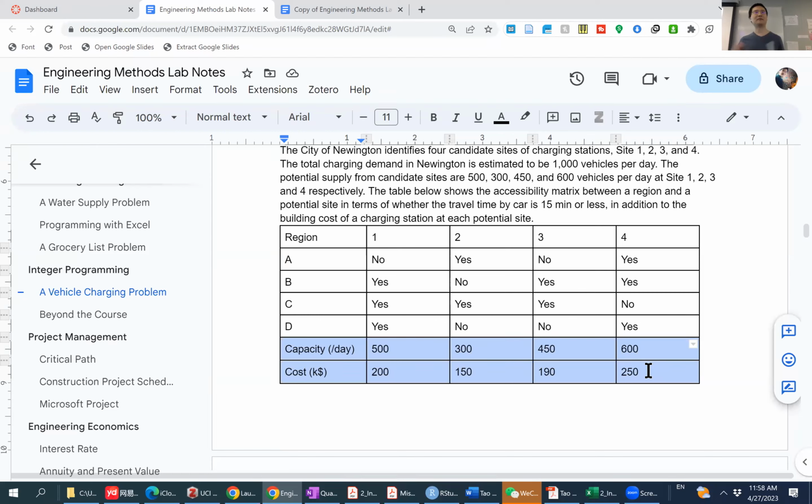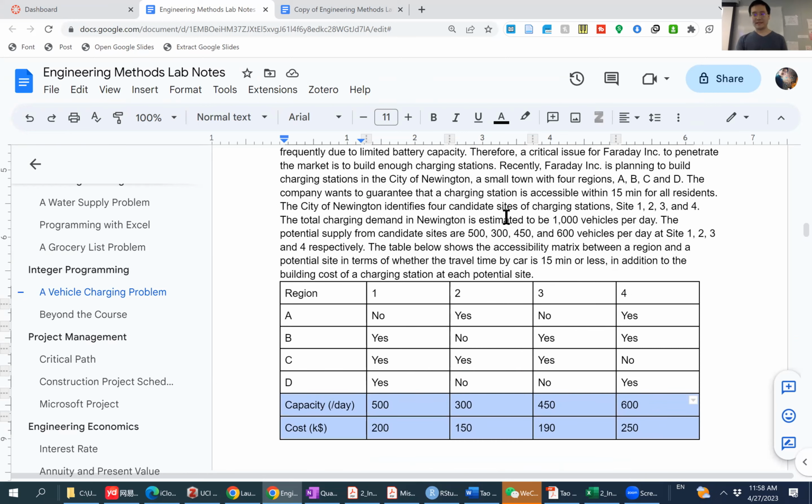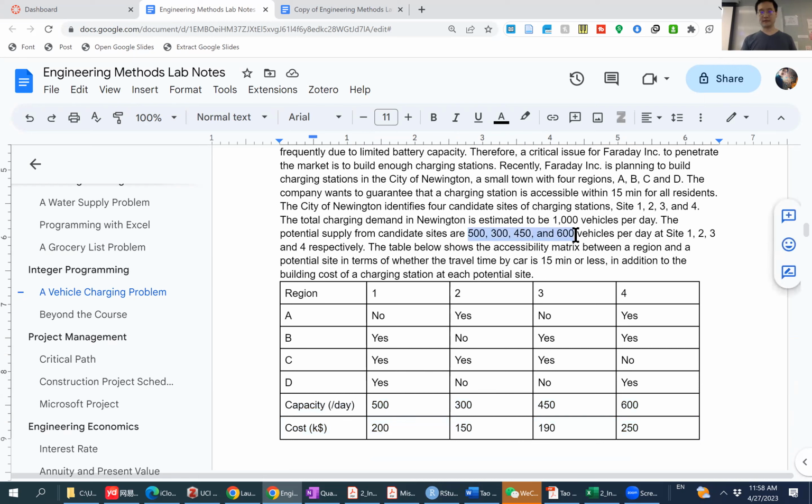So we should be able to get here from the question words, phrases. For example, when we mention capacity, it says that the total demand is estimated to be 1,000, whereas the capacity or supply, the maximum supply from each site will be 500 until 600. So that's how I got this row.